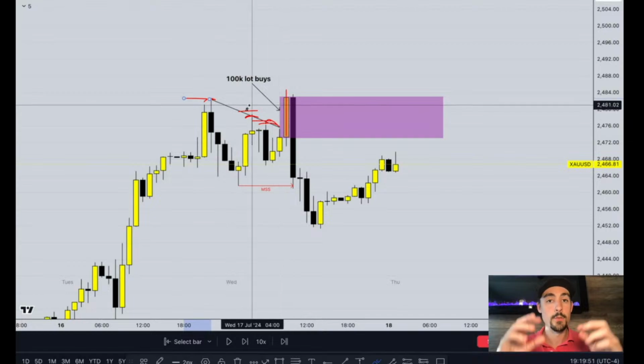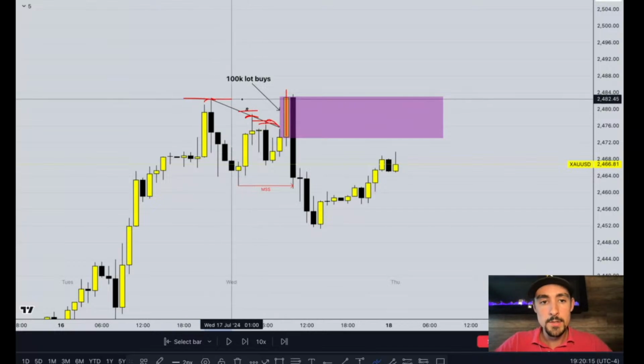And people that are selling are being forced to buy back their position. They're being forced to do the opposite of what they did to get into the trade when the trade is being closed. Sometimes it's a little bit tricky to wrap your head around, but if you are in a buy position or a sell position on MetaTrader or any other trading platform for that matter, you have to do the opposite to close your trade when the time comes.